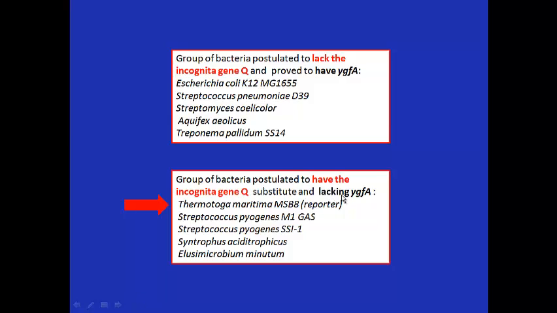Okay, so we've basically taken 5 genomes that don't have the gene, one of which we've selected to report, and we're going to ask for genes that are present in that and don't have homologs in the ones that do have YGFA. So we've got 5 genomes here that do have YGFA, 5 that don't.